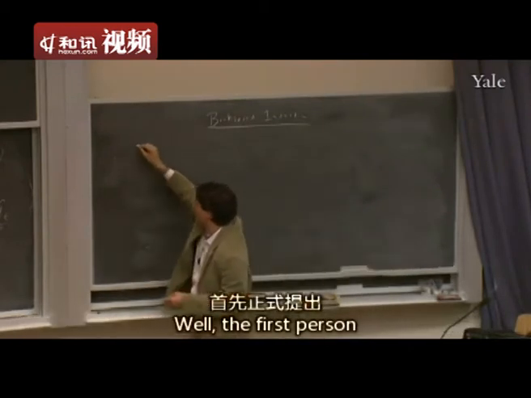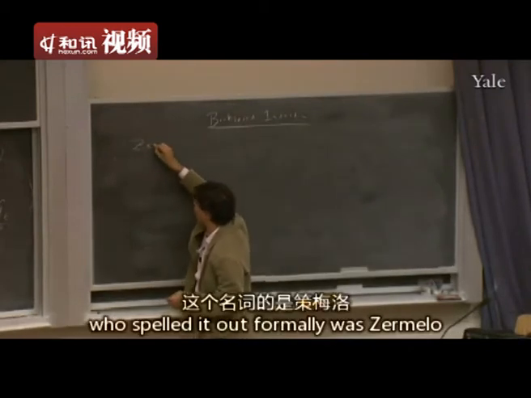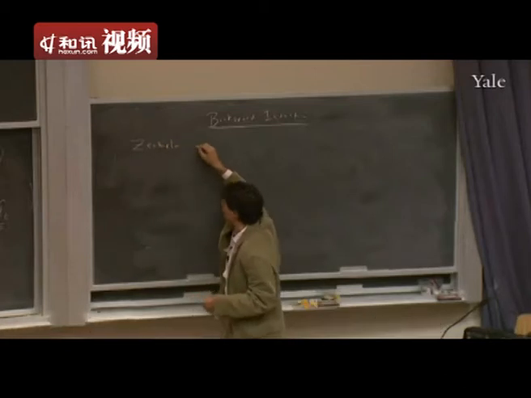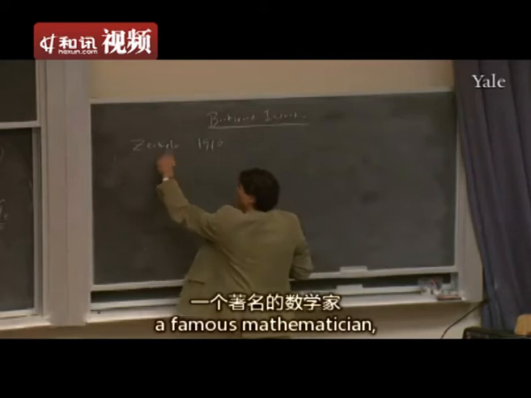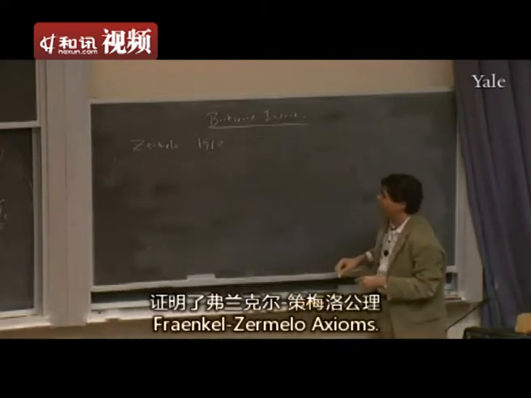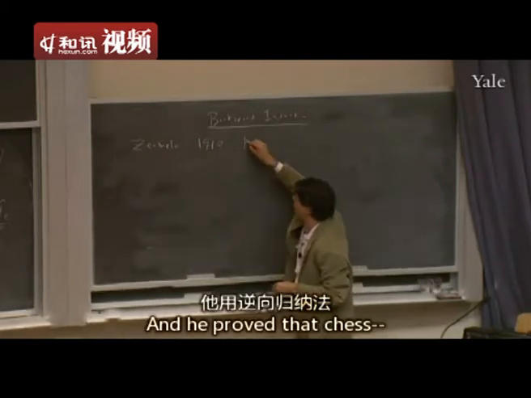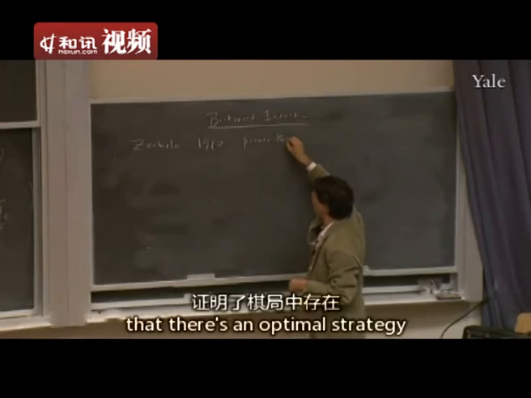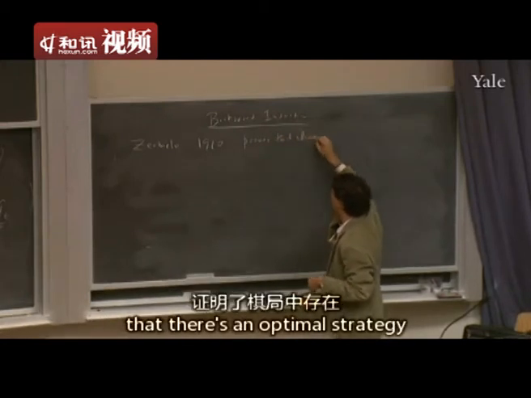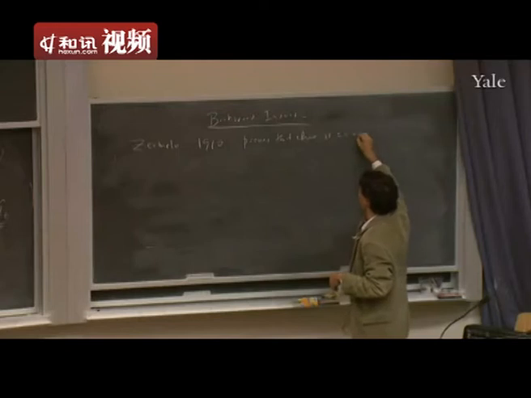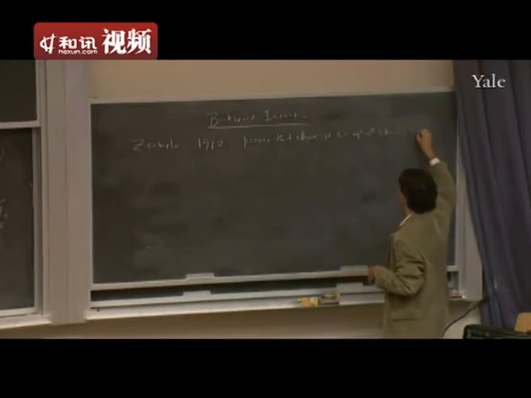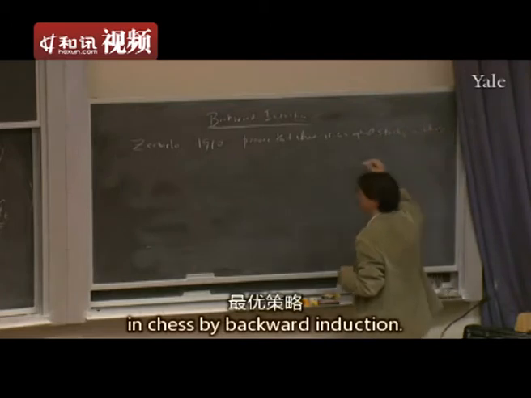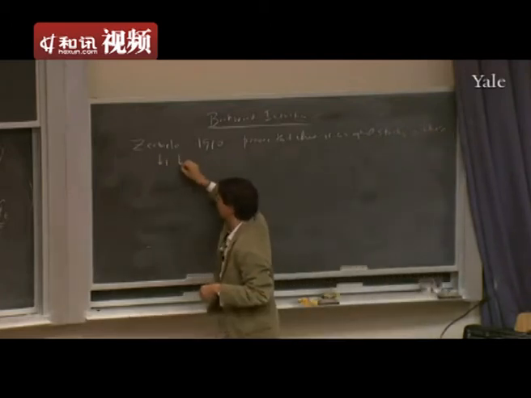Well, the first person who spelled it out formally was Zermelo, in 1910, I think, within a couple years, a famous mathematician, of the Zermelo axioms, and he proved that there is an optimal strategy in chess by backward induction.